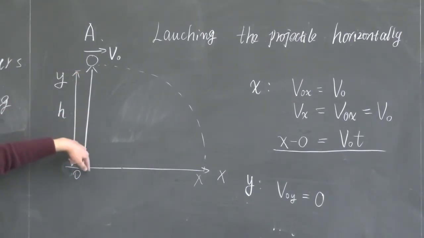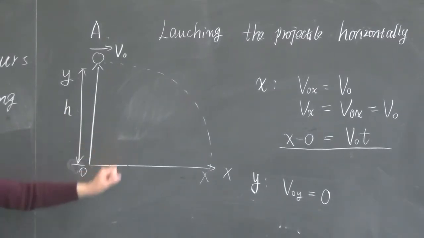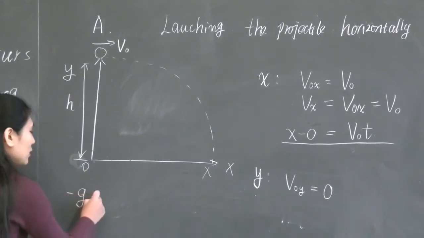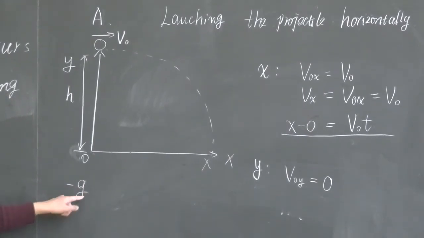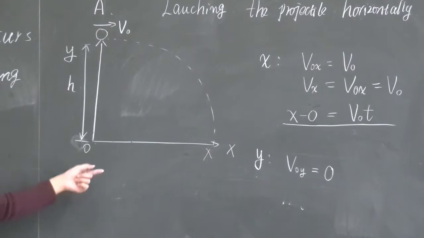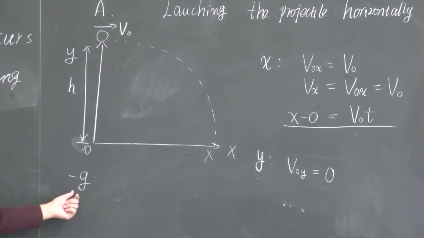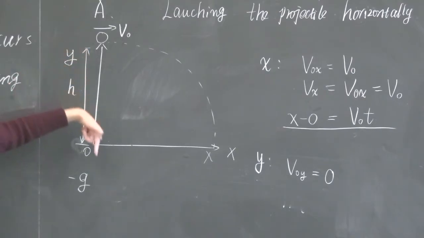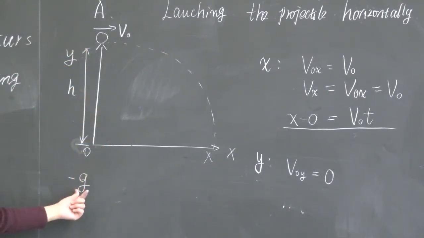Along the y direction there is an acceleration due to gravity, and this is negative g. The negative sign means the direction is along the negative direction, because we suppose upward is positive, so gravity is downward, so it's a negative value.